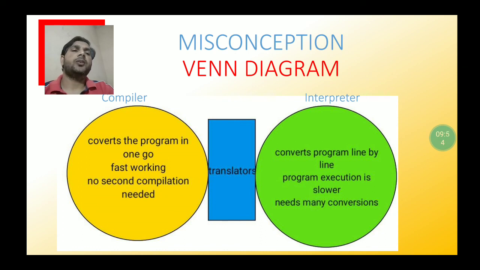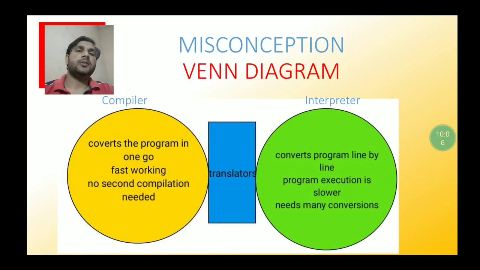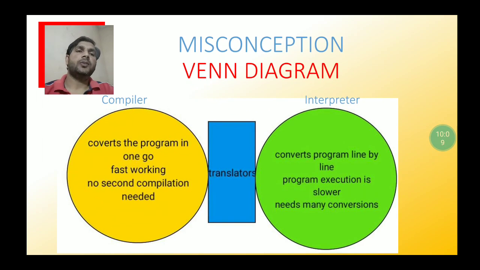So it takes a lot of time for completing the whole program. While in compiler, no second compilation is needed. Why? Because it converts the whole program in one go, in a single time. So now you can understand the difference between compiler and interpreter.